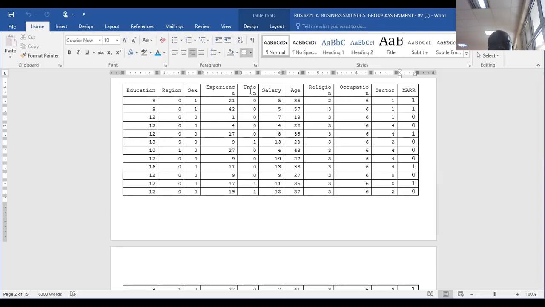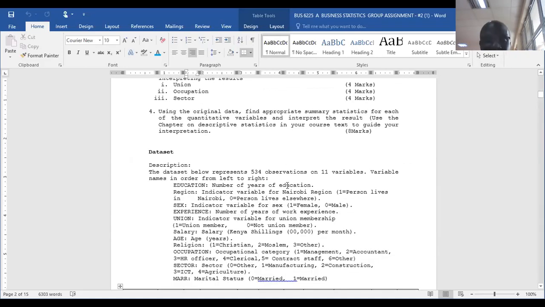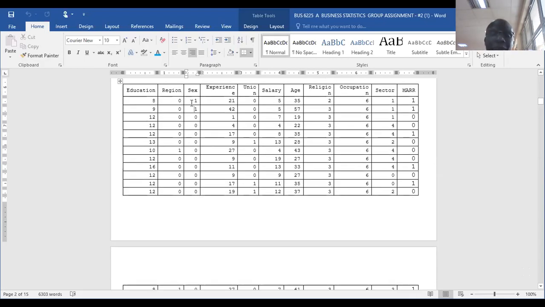The enumerator came back, and instead of writing male, female, male is 0, isn't it? This one could have read male, female, in words. This one could also have read something else, like union membership: member and non-member.